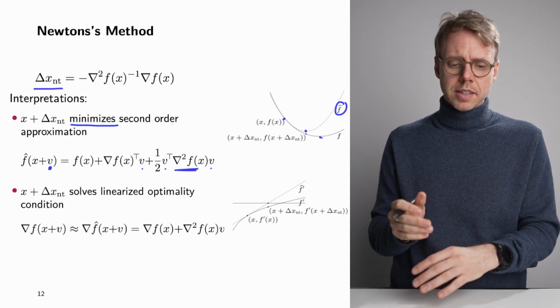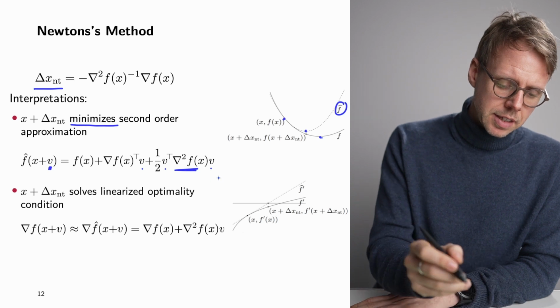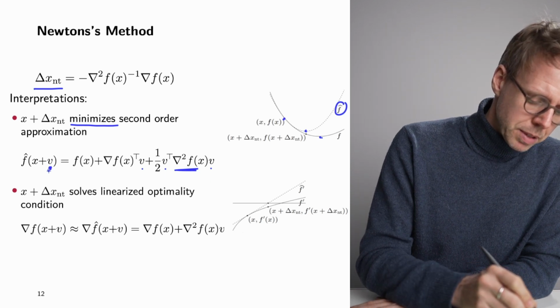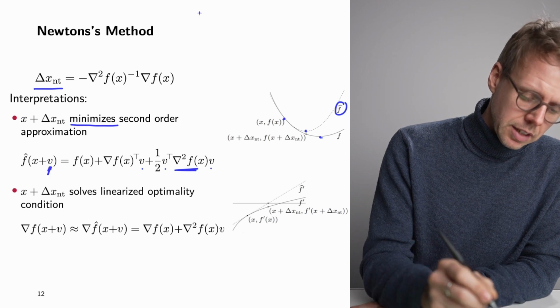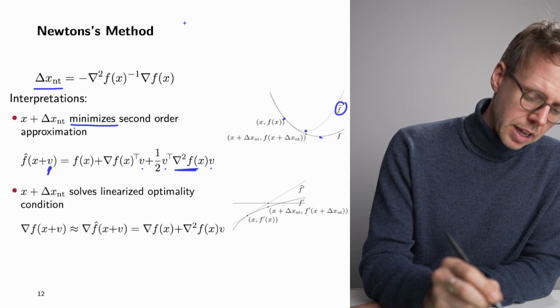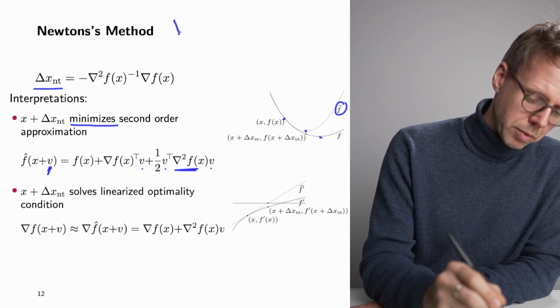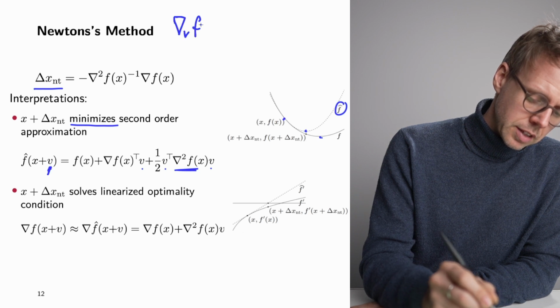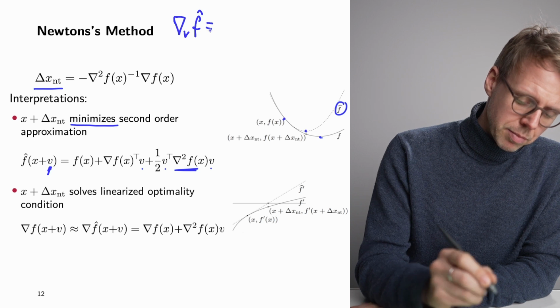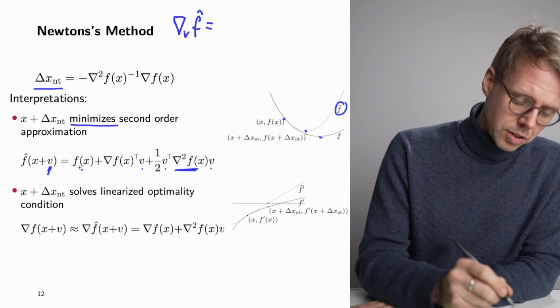So we can prove that this indeed minimizes the second order Taylor expansion. What we're looking for is an optimal v that minimizes f hat. So what we need to compute is the gradient of f hat with respect to v. That is given by, well, here there is no v, so this goes away.